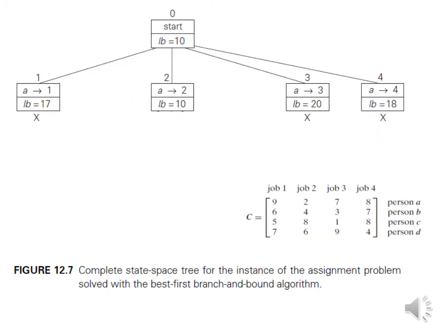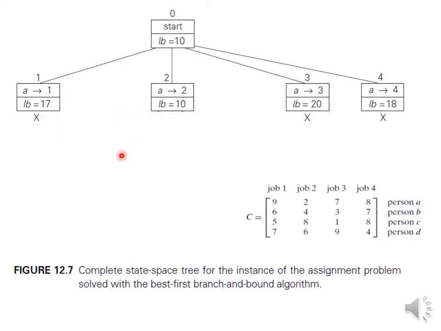From the previous problem, we observed that node 0 has lower bound 10, node 1 has lower bound 17, node 2 has lower bound 10, node 3 has lower bound 20, and node 4 has lower bound 18. Since we need to minimize the cost, the minimum cost we can get by expanding this node is 17.